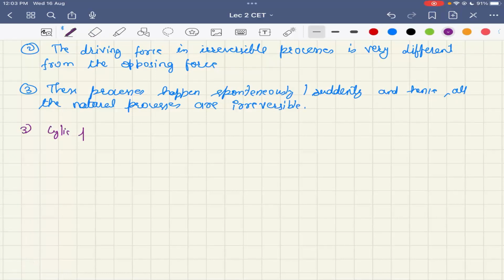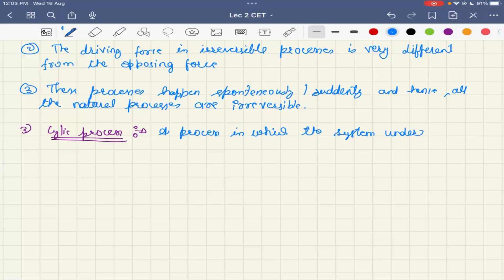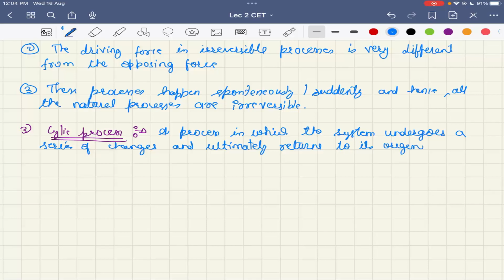A process in which the system undergoes a series of changes and ultimately returns to its original state is called a cyclic process.